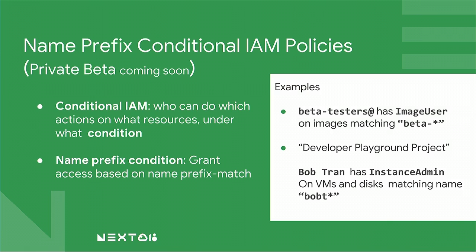Yet they don't want every developer to accidentally stumble upon other people's resources. So setting up the name prefix condition based on each developer's email address solves the situation, so that each developer will only have access to the resources starting with their names, and yet they can still enjoy, within the same project, the convenience and also the high network performance.